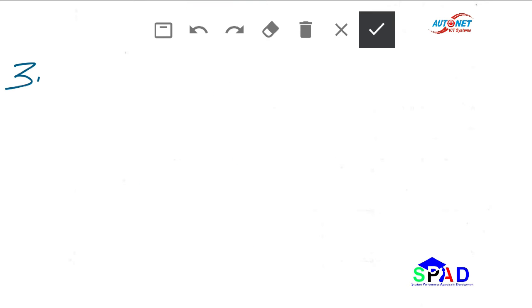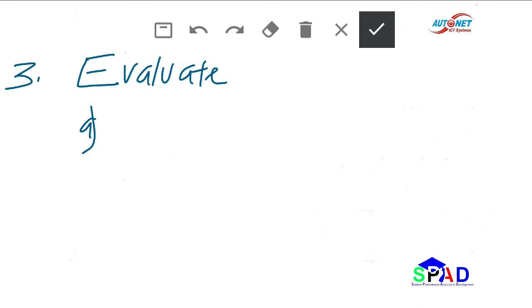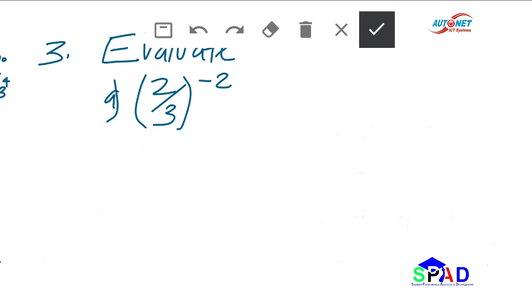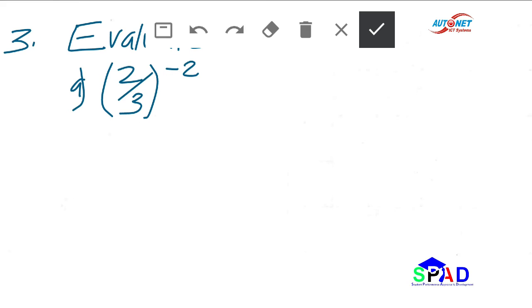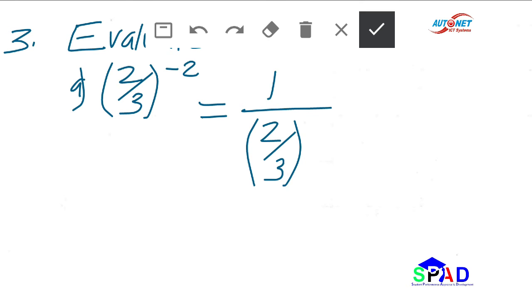When you're dealing with a negative power and you're told to evaluate, we can start with this kind of a question: 2 over 3 raised to power minus 2. There's something that we have already said. When we reach a point where we are dealing with a negative power, we can simply introduce 1 over, and then the power will be negated. If it is a minus, of course it will be plus.